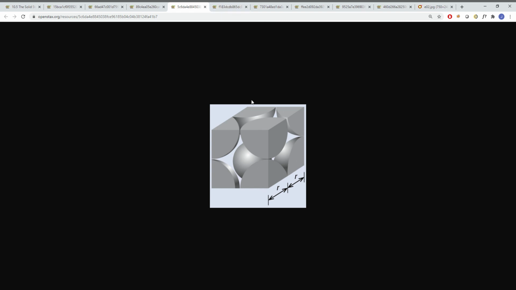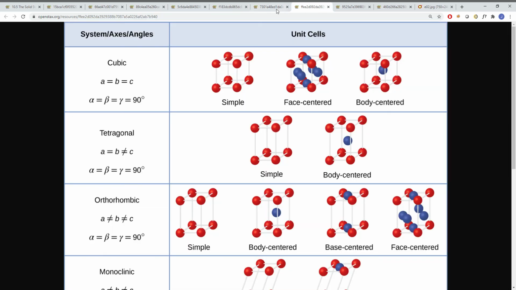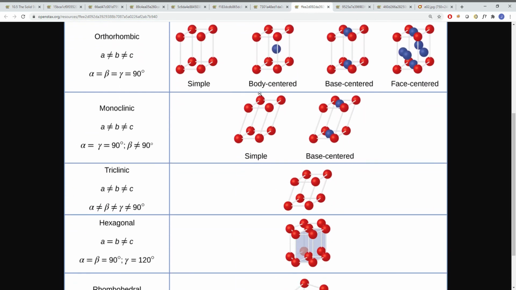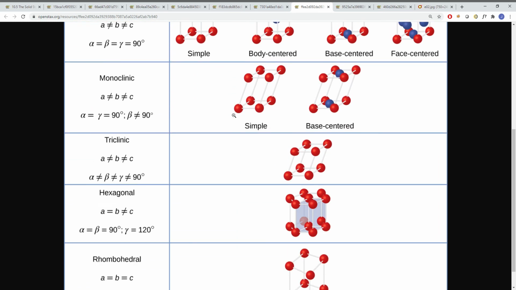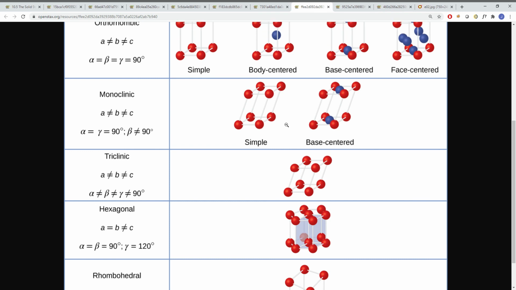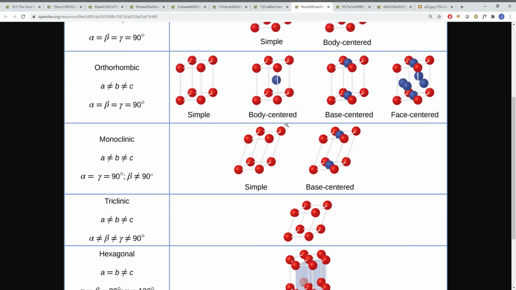But the dimensions, for a simple cubic or face-centered, I expect you to be able to calculate the dimensions of that, do a little bit of geometry. That's fair game. And then for the most part, start with simple, face-centered, body-centered, and then just understand that you can get more complicated cells with the result of more efficient packing.